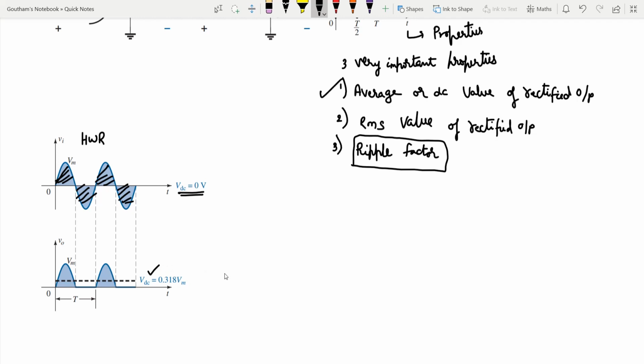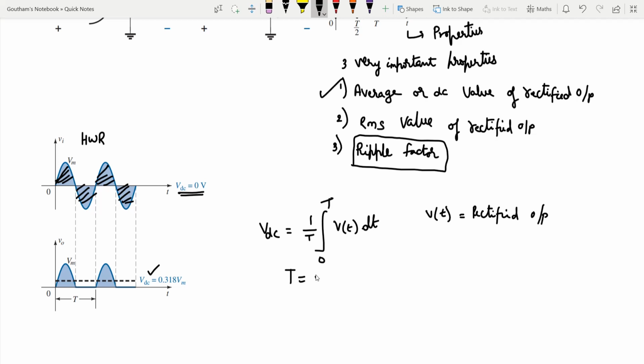According to the definition, the average value or DC value stands as 1 by T integral 0 to T v of t dt, where here v of t is my rectified output. Now let us try and find the VDC value. So here let me change the base.